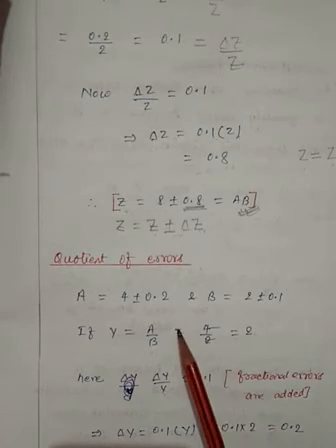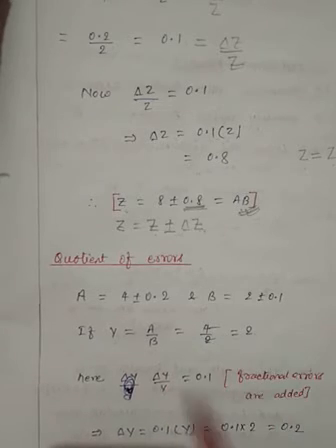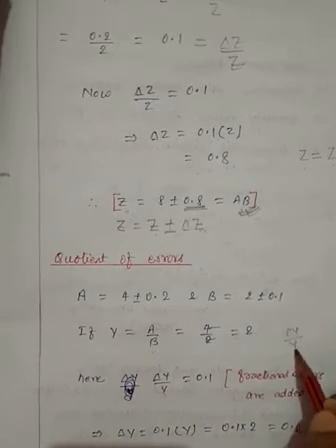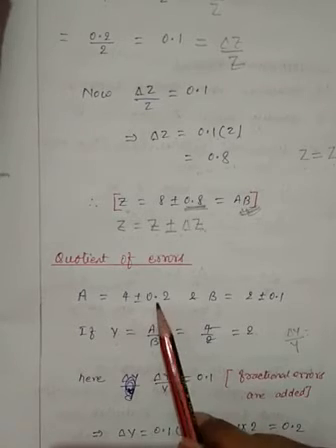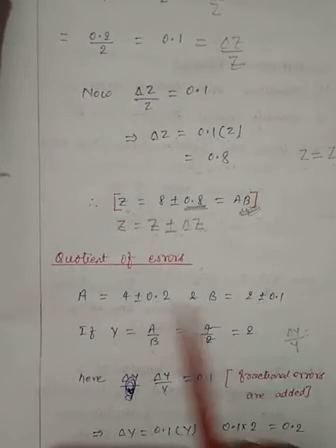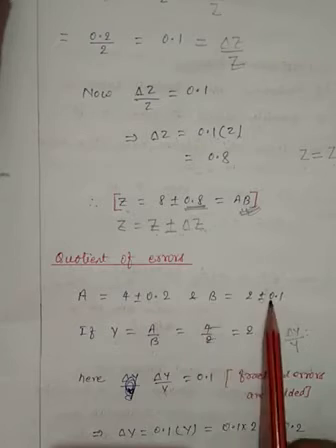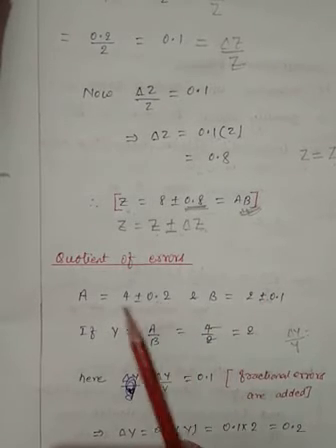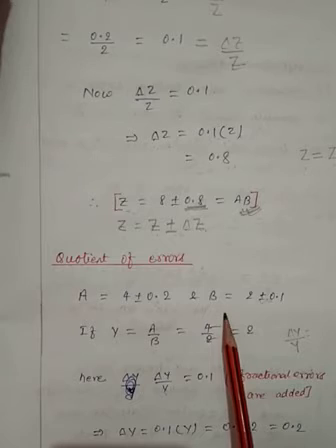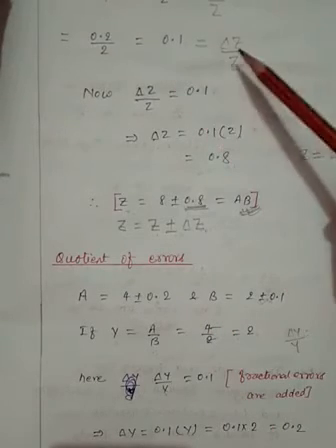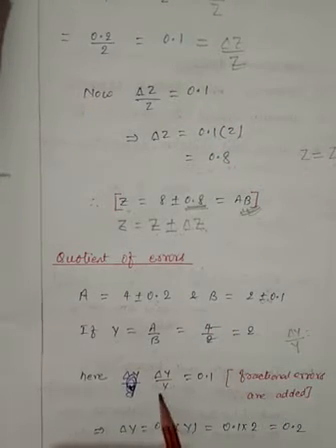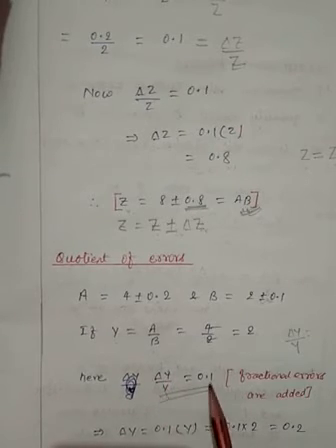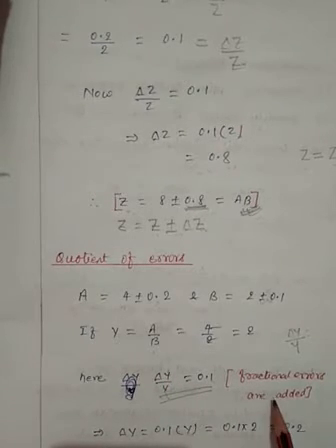So, delta y by y is equal to the sum of the relative errors of a and b. Mind it, the sum of the relative errors of a and b. So, 0.2 divided by 4 plus 0.1 divided by 2, and we have already seen this value as 0.1. So, delta y by y, the relative error in the quotient, is 0.1.